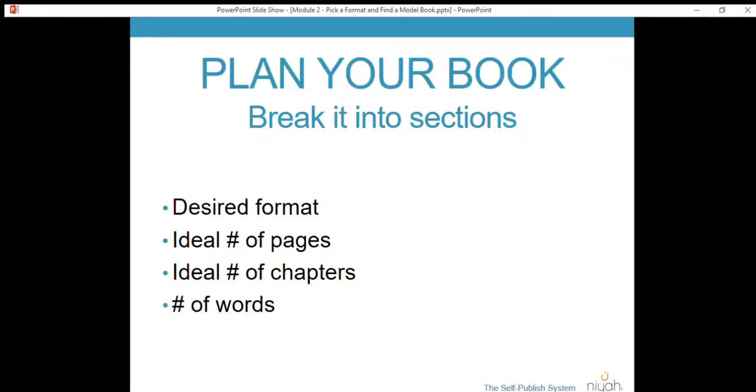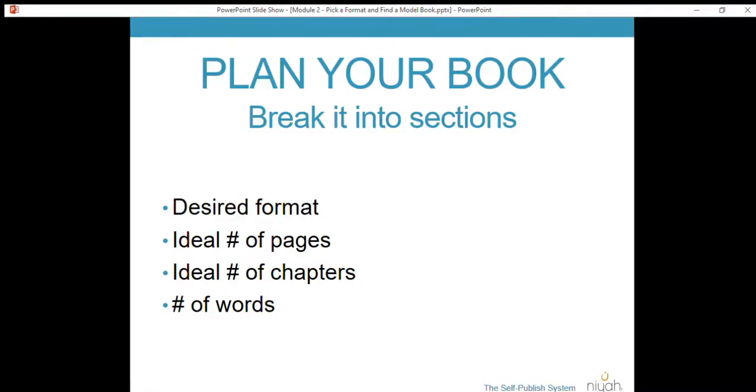So from there, you're going to plan your book based on that model book. So how many pages is that? How many chapters is that? How many words is that? Is it a list book? Is it going to be a compilation book? Is it going to be an anthology, which is a compilation of essays, a collection of essays written by other authors?